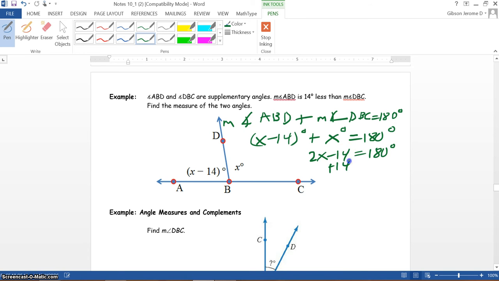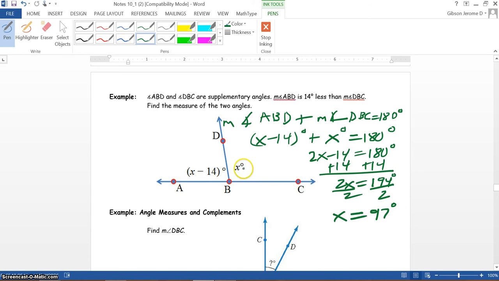So we can add 14 to both sides. We get 2x is equal to 194. We divide both sides by 2. We have x is equal to 97 degrees.